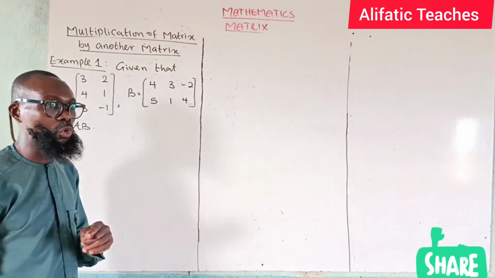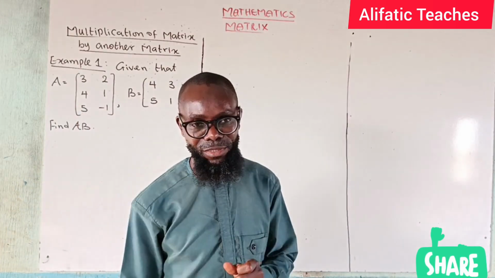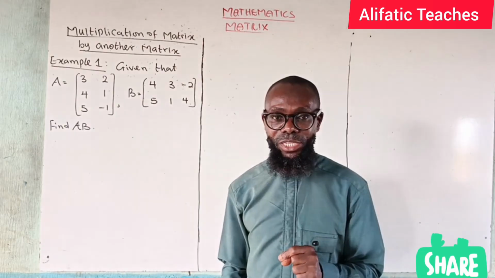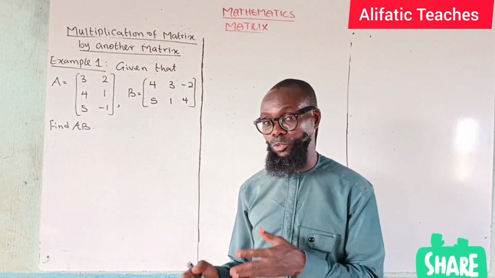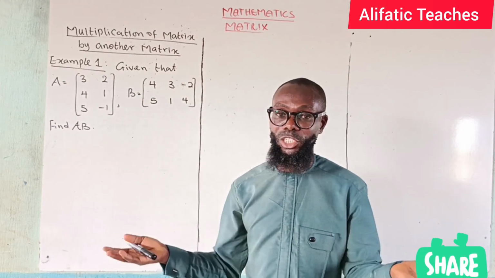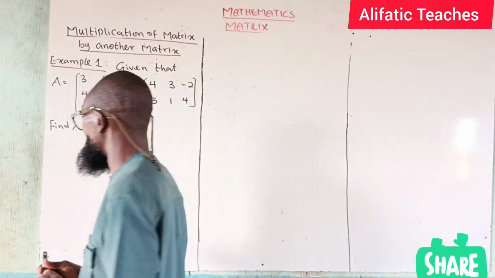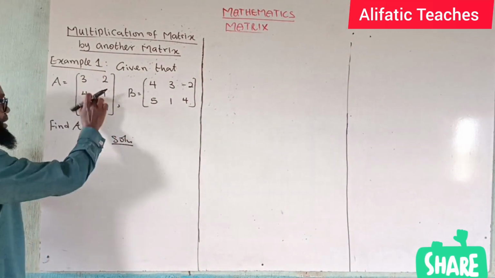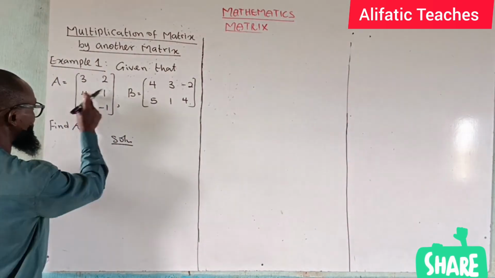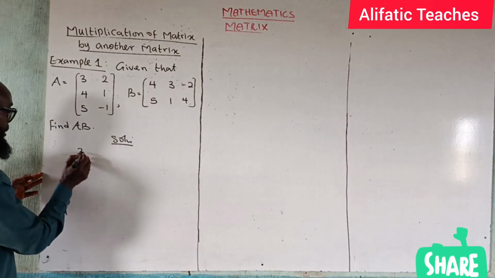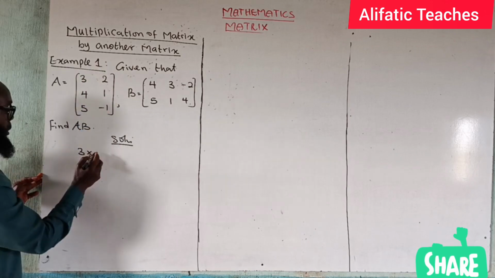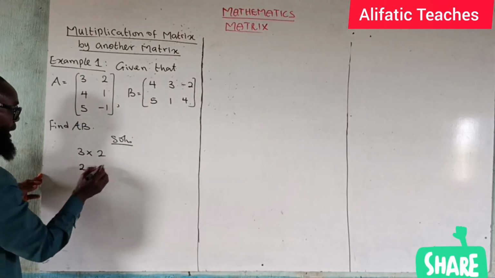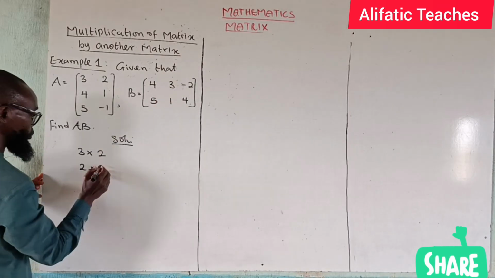But before we can do a multiplication of matrices, there is a rule that guides it. If it conforms with that simple rule, it means that the multiplication can be defined. What is that rule? The size of this matrix is 3 by 2, and this one is 2 by 3.